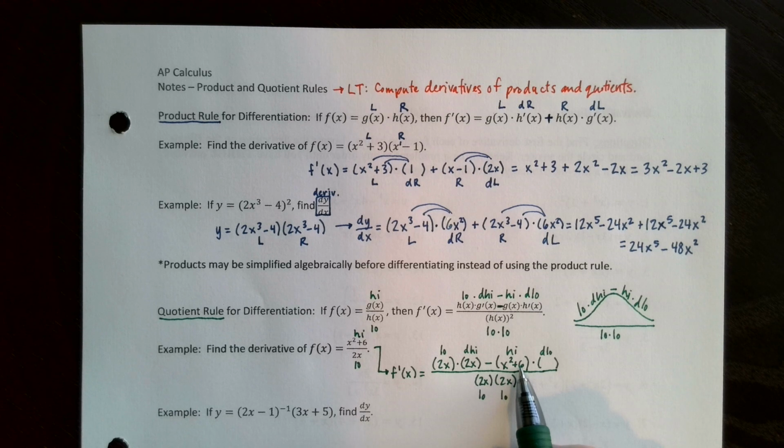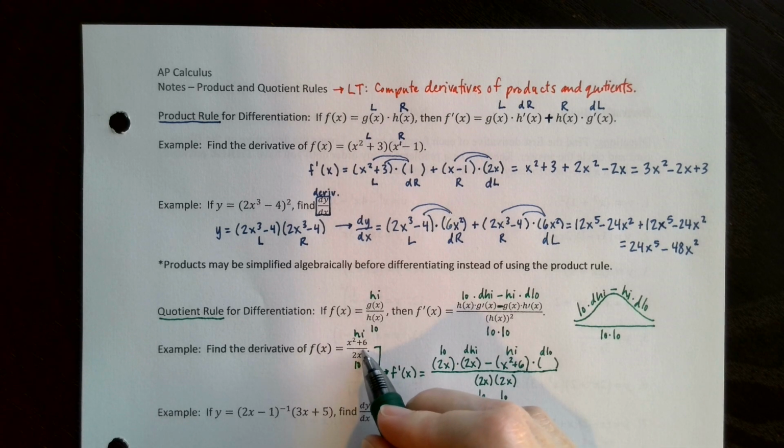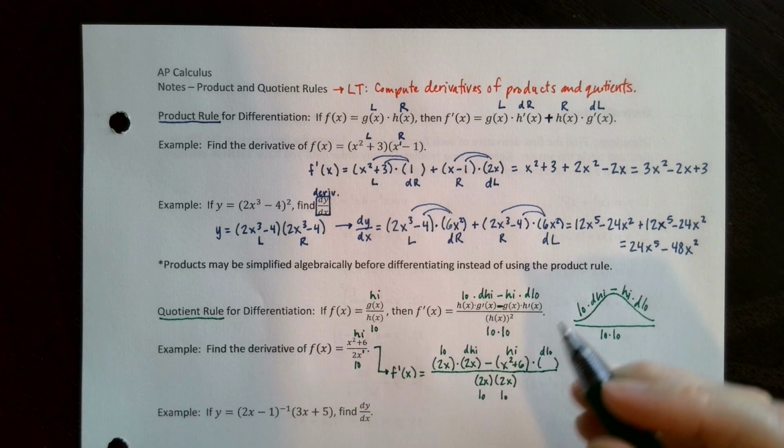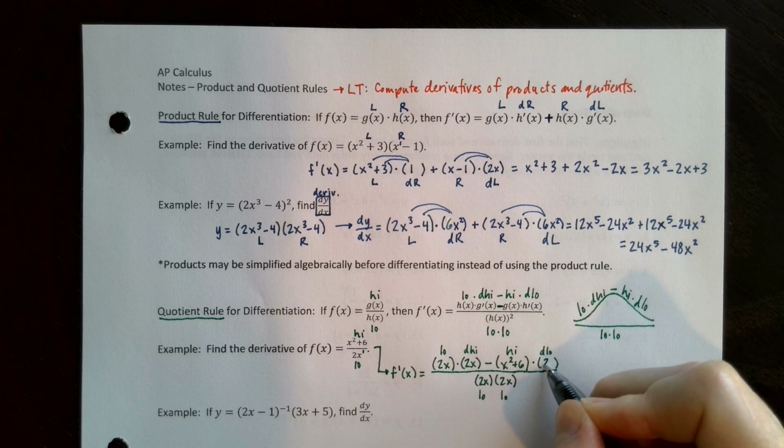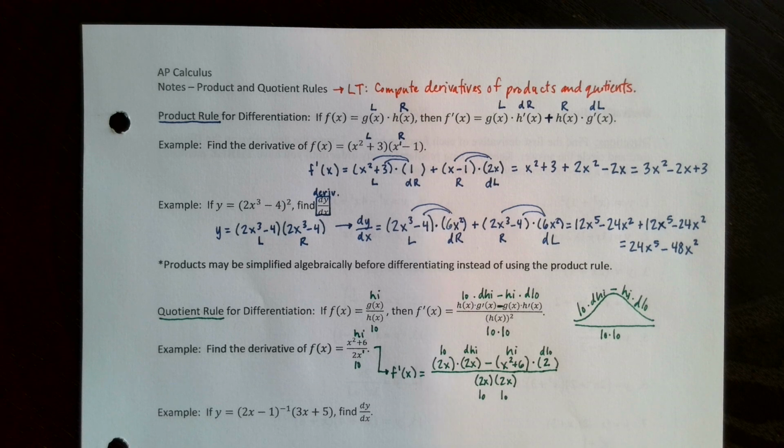Copy your high function and times by the derivative of the low function. 2x to the first gives us 2x to the 0 when we do the power rule, so we're left with just the constant 2. And low low is on the bottom, so 2x times 2x. You can do low squared, but I have just found that many students have trouble if they're moving too quickly and they don't square the bottom correctly. So it's much safer from careless errors if you just copy the low low twice.